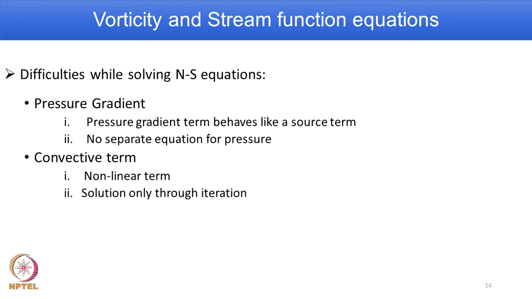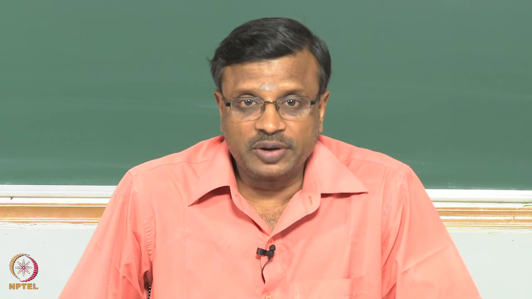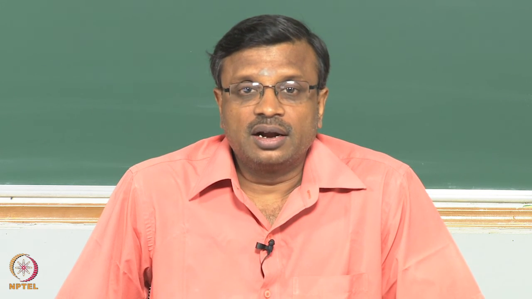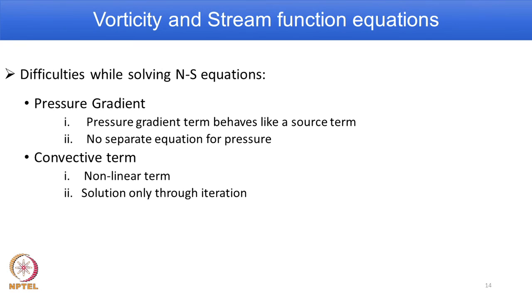The first term in the x momentum equation, the convective acceleration, has the function u multiplying its own derivative ∂u/∂x, which is nonlinear in nature. Hence, treating this nonlinear term is again very tricky, and you may have to do many iterations to get a solution.